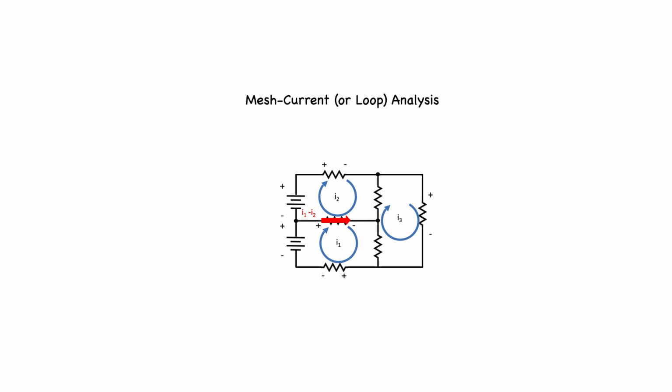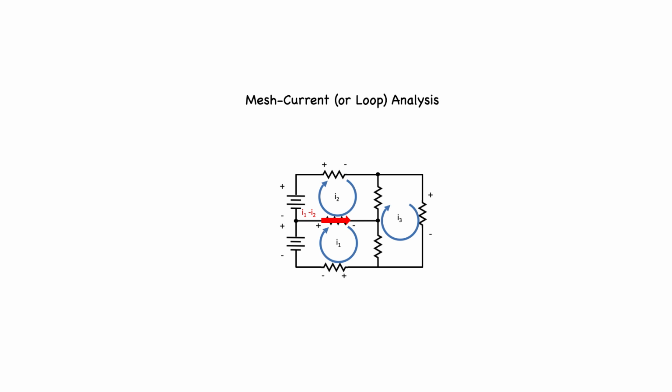Again, it doesn't matter whether I1 is greater or less than I2, because if it turns out that I1 is smaller than I2, then our answer will come up such that I1 minus I2 will be negative, and I'll know the assumed direction was wrong.